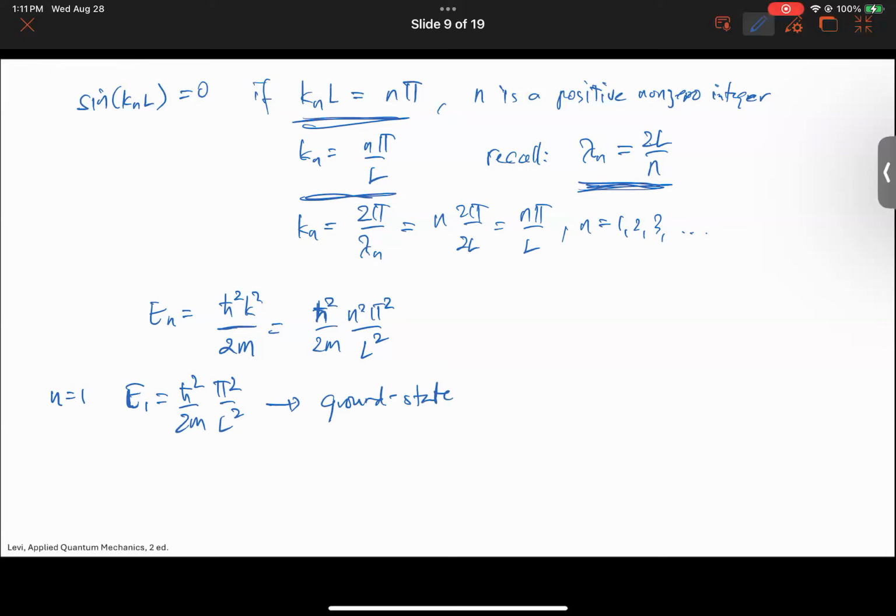In some cases, this is also what's referred to as the zero point energy, at least for the bound state. Ang ibig sabihin nito is there's no energy equal to 0 for this system.